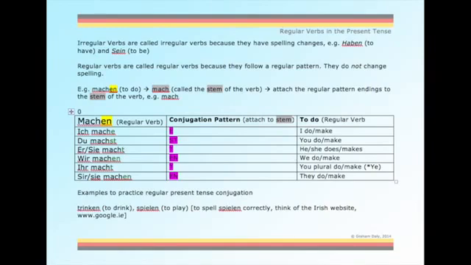Okay, so let's go back up to the ich, and then we're going to fill in the stem and the endings. At this stage, you should be up beside ich, and you're going to fill in the stem for each of the people. So the stem in a regular verb, does it change or does it not? It doesn't change. So you have M-A-C-H.